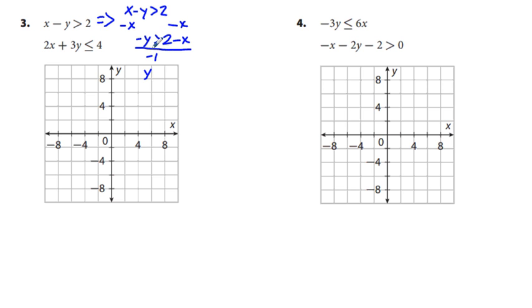Now, we divided by a negative number, so that means we have to change the direction of our inequality. So we have y is not equal to and less than, instead of 2 minus x, x minus 2, or you could say -2 plus x. So that's going to be our first inequality. And we say less than, not equal to and less than.